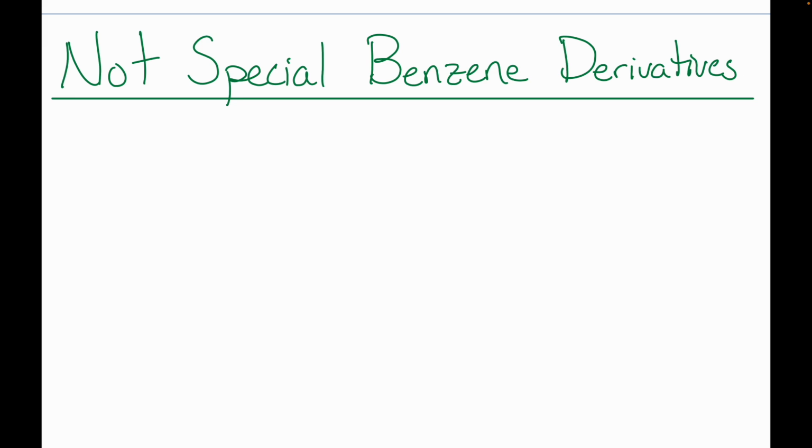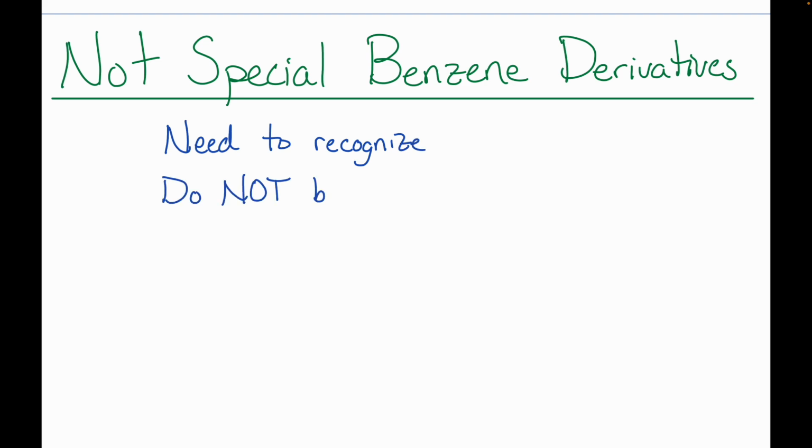These are not so special because they have their own names that we need to be able to recognize, but they do not become any sort of parent chain when they're combined with other functional groups, or other substituents rather.